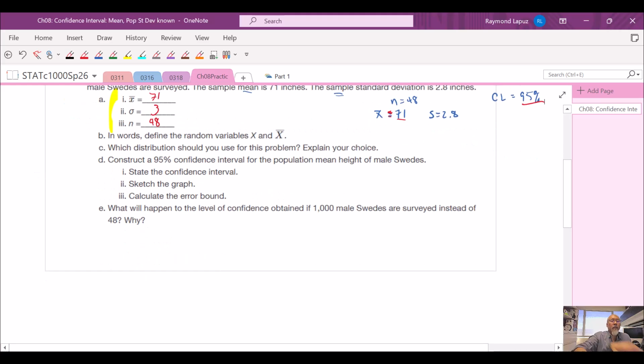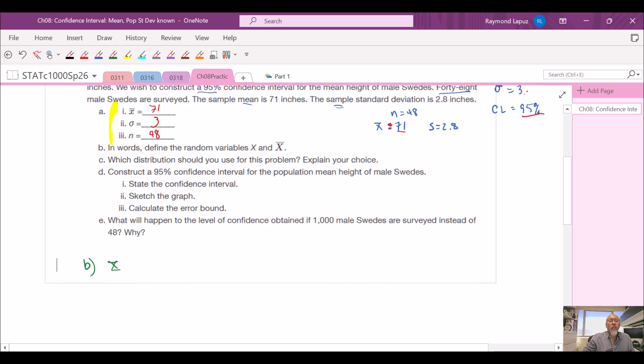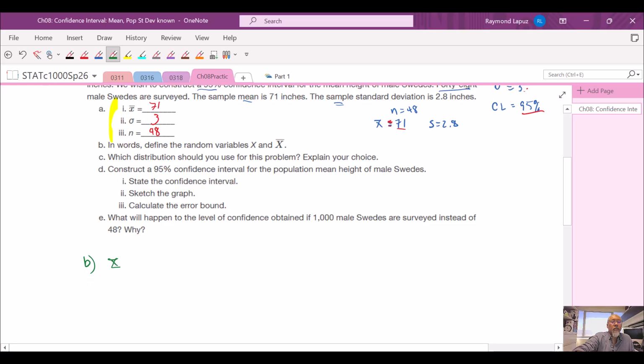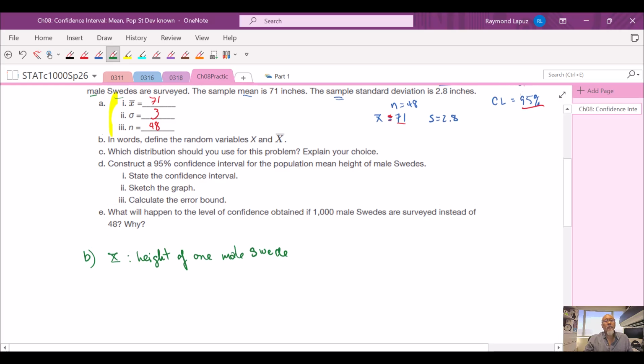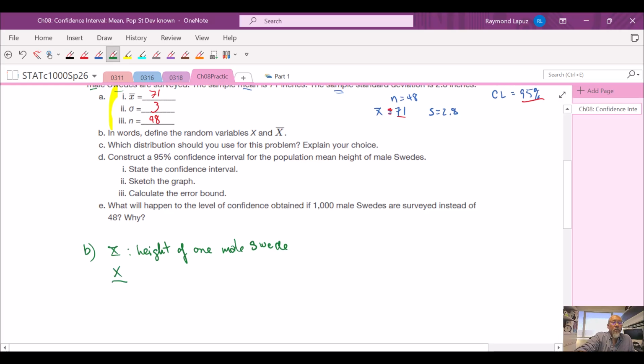In words, define the variable X and X bar. So let's do that down here. In words, for part B, X is going to be the random variable of the height of one person. We could be more specific: the height of one male Swede. And then X bar is going to be the average.